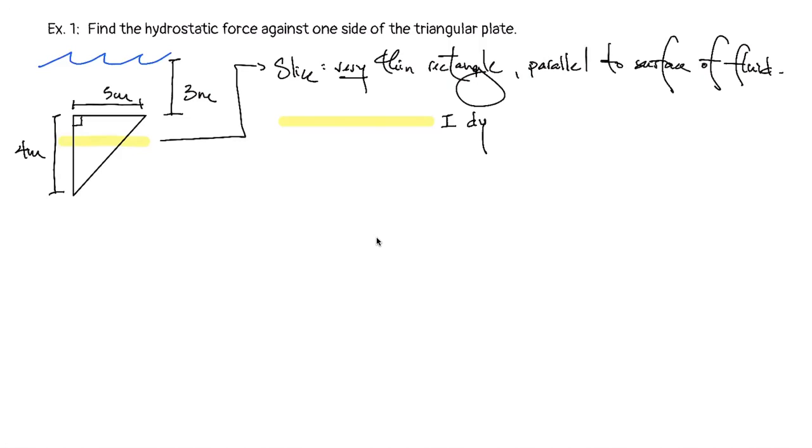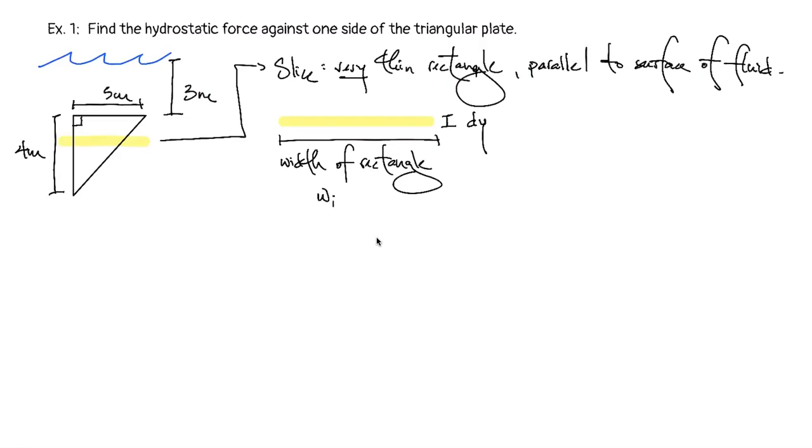Now, the horizontal distance, we're going to call that the width of the rectangle. All right, the width of the rectangle. And I'm going to call that W sub i.